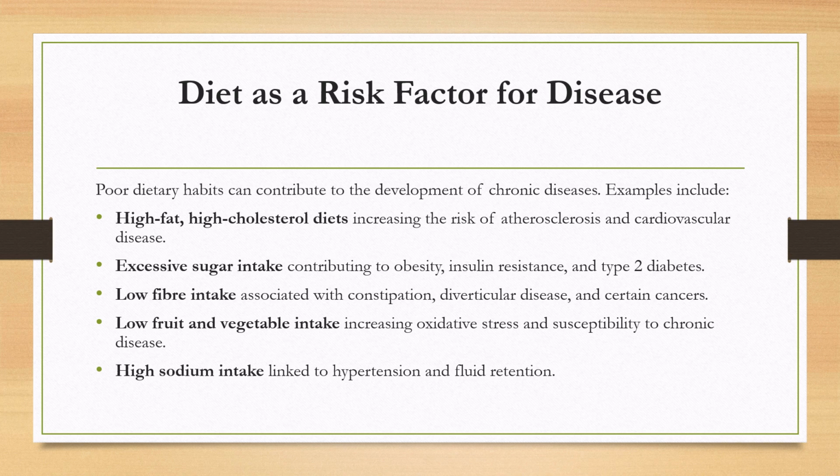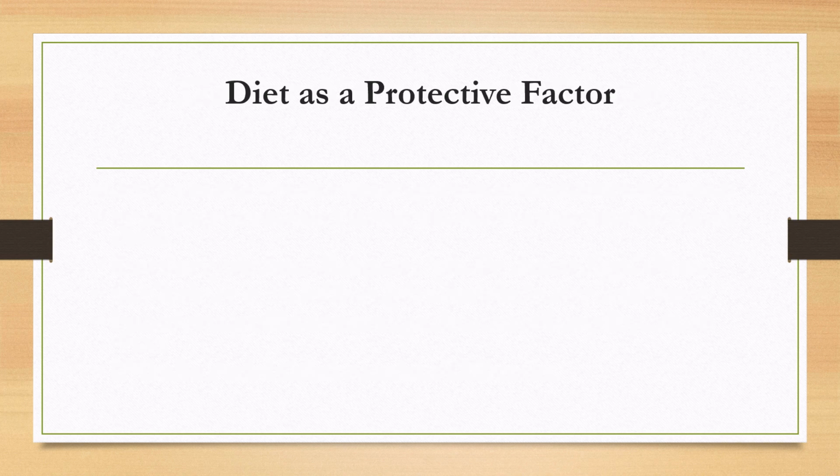Where your food is low in fruits and vegetables, it can increase oxidative stress and make you susceptible to chronic disease. Also, consumption of high sodium can be linked to hypertension and fluid retention.